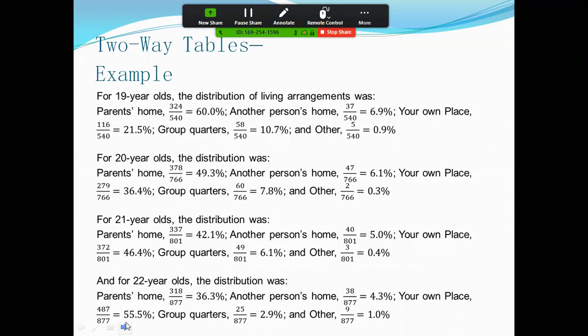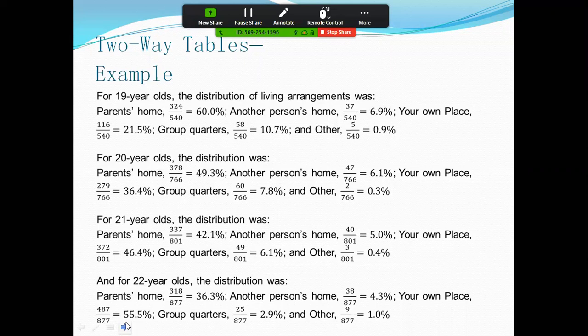Each age group, age 19, 20, 21, has been given the proportion of people who lived in that type of situation out of the number of people of that age group.